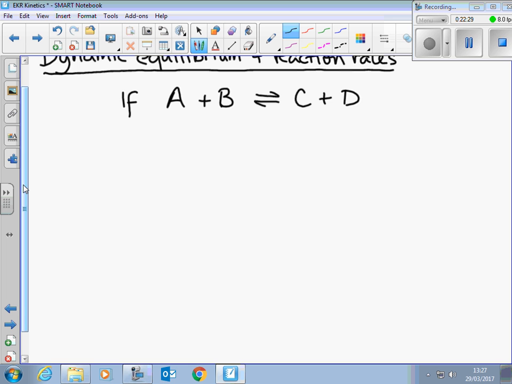So if we start with A and B at their highest concentrations, we're going to find that when we get onto the calculations with this, we're always given values for the starting concentrations of the reactants, and then we're told how much of one of the products there is at equilibrium, and you then have to work out all the different concentrations at equilibrium.